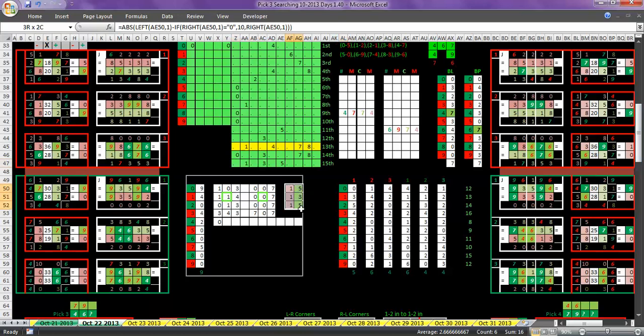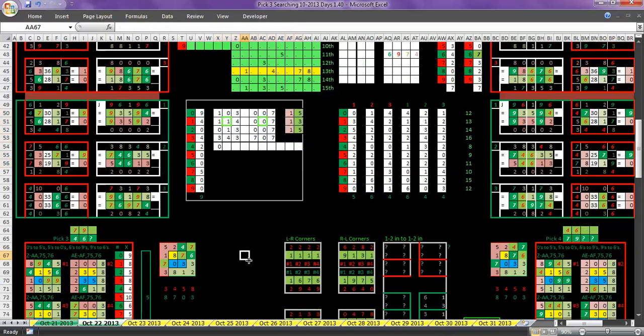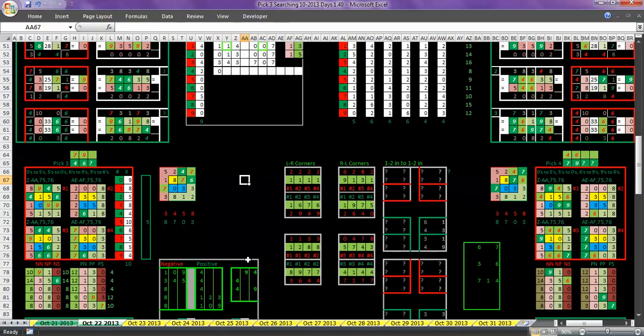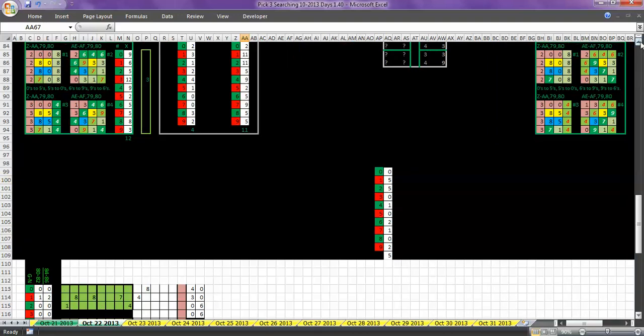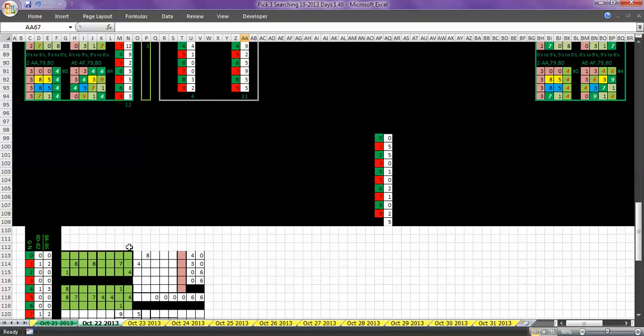Here we can see the 5 1, 1 3, 1 5, and we can see these numbers here. So we want to keep an eye on this section and this section when we're looking at these. But we've got our patterns. This is still like it was.